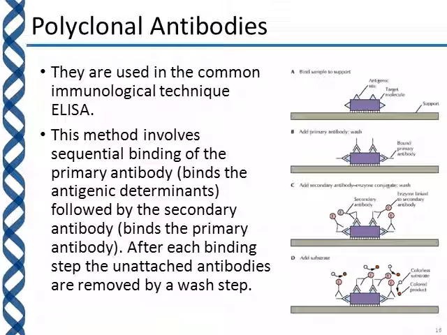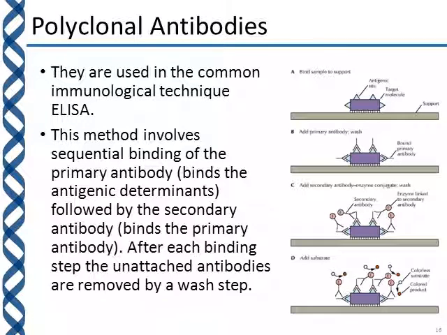You then add a secondary antibody which is conjugated to an enzyme or a fluorophore. These bind to the primary antibody, so if your primary, the first antibody added in step B, is say derived from a rabbit, then the secondary antibody would be an anti-rabbit antibody that is conjugated.